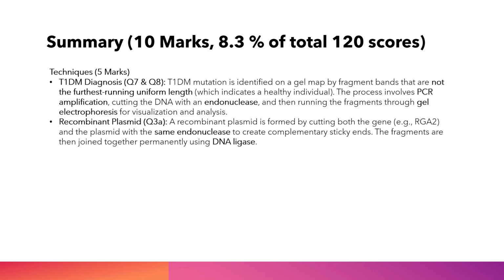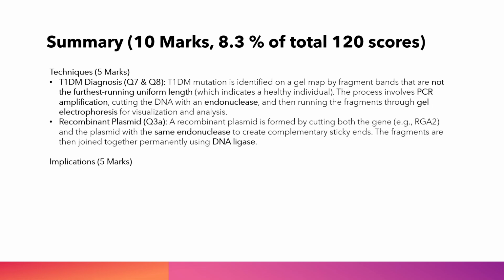Recombinant plasmid, Q3a: a recombinant plasmid is formed by cutting both the gene, e.g., RGA2, and the plasmid with the same endonuclease to create complementary sticky ends. The fragments are then joined together permanently using DNA ligase.